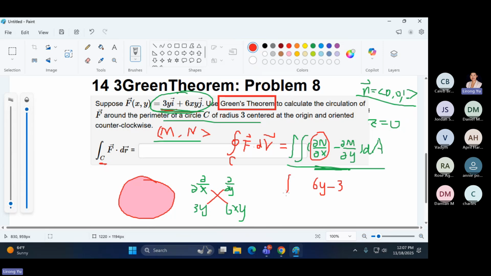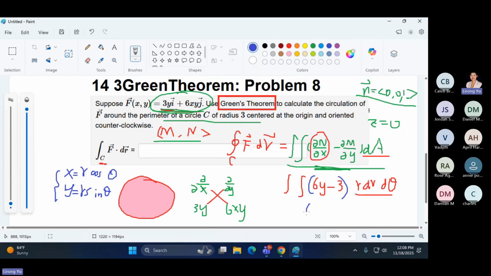And we're integrating over a circular region. This was originally dA, but since our integration region is a circle of radius 3, we convert it to polar coordinates. So instead of dA, we use r dr d theta. In polar coordinates, x equals r cosine theta and y equals r sine theta.